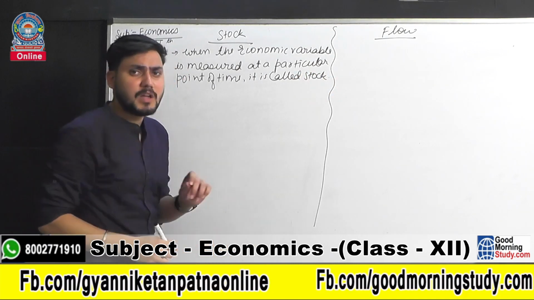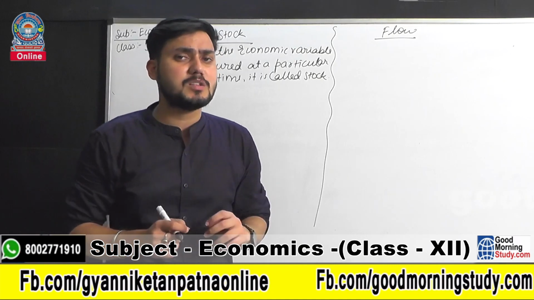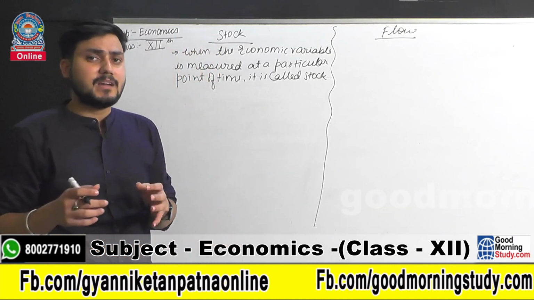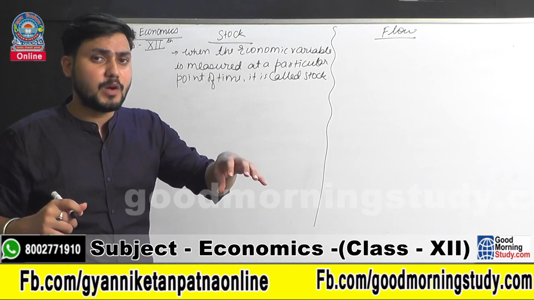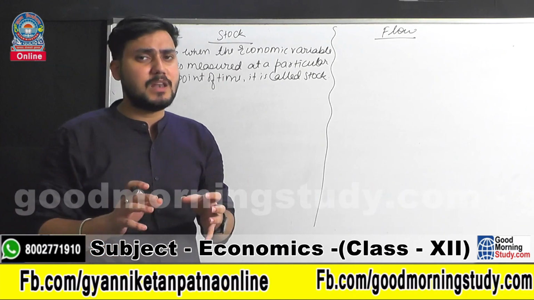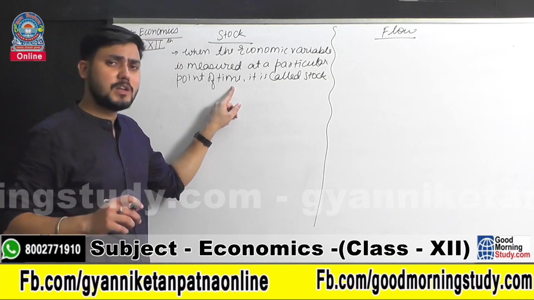Okay, so what is stock? If the economic variable is measured at a particular point of time, it is called stock. Suppose water in a tank. If you measure the water in a tank, it is measured at a particular point of time. So if any economic variable whose value is measured at a particular point of time, it is called stock.